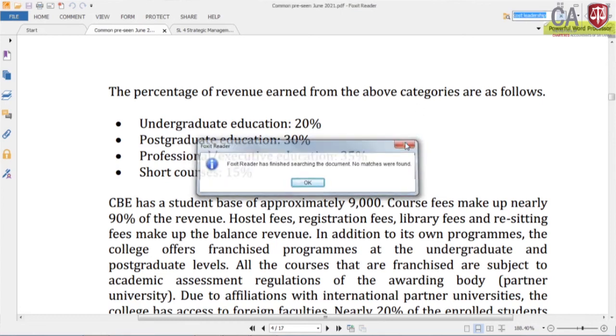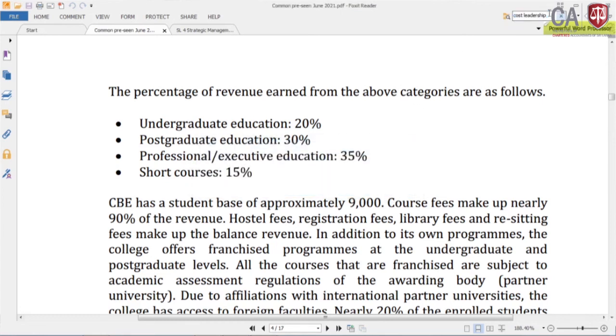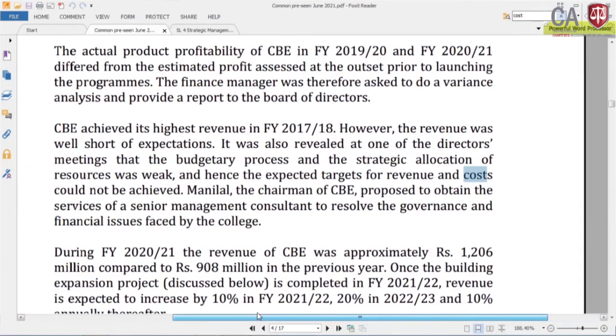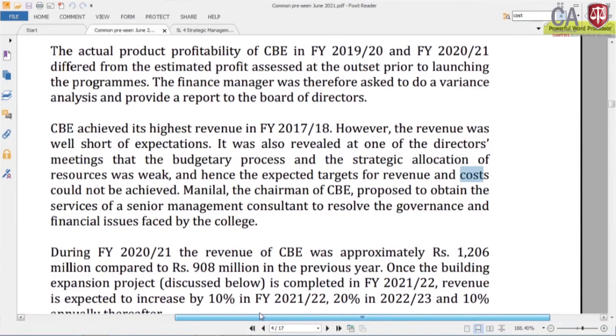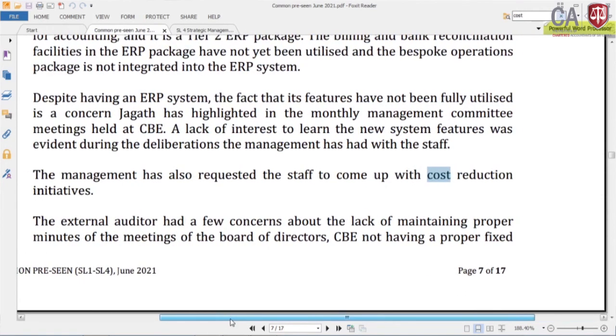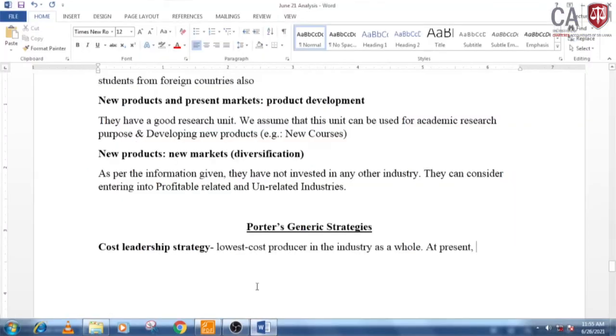Cost reduction, yes. Here, see, they have faced some issues: the expected cost target for revenue cost could not be achieved. Here we see when I requested staff to come up with cost reduction initiatives.